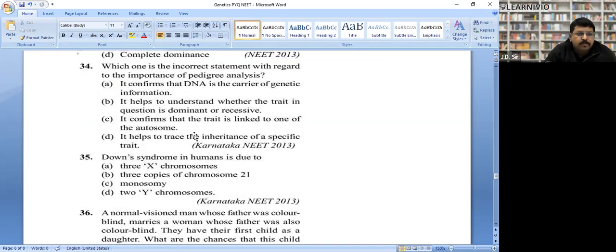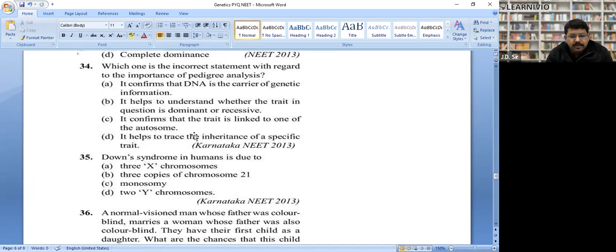34. Which one is an incorrect statement with regard to the importance of pedigree analysis? It confirms that DNA is the carrier of genetic information. It helps to understand whether the trait is dominant or recessive.